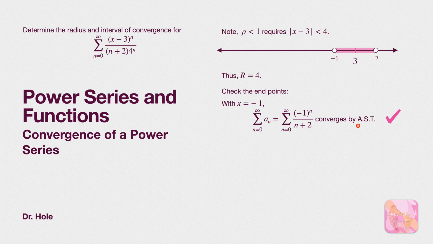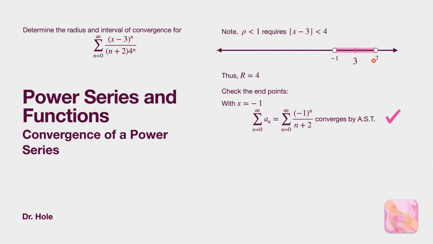You'll recall by the alternating series test that this will converge. The b_n's, as 1 over n plus 2, are decreasing and tend towards 0. We get a check mark here, meaning that we will include -1 in our interval of convergence.